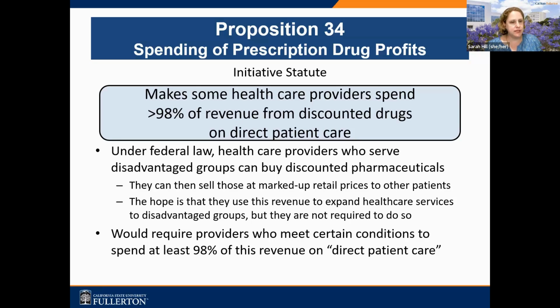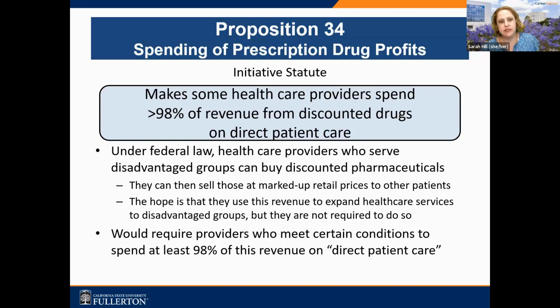The politics of this are fun. What this would do is make some healthcare providers spend over 98% of their revenue from a specific discounted drug program on direct patient care. Okay, what does that mean? Here's the deal.